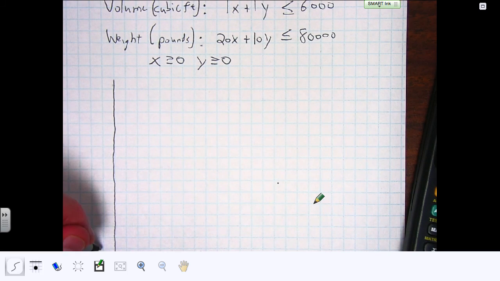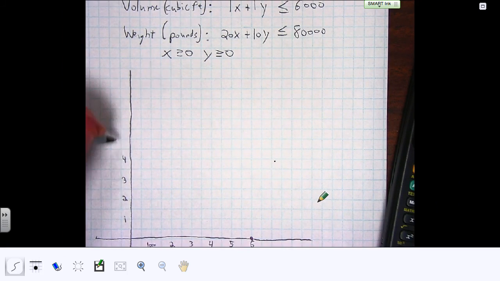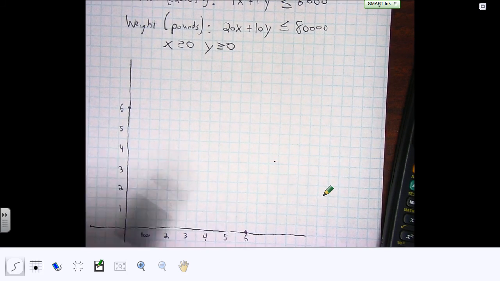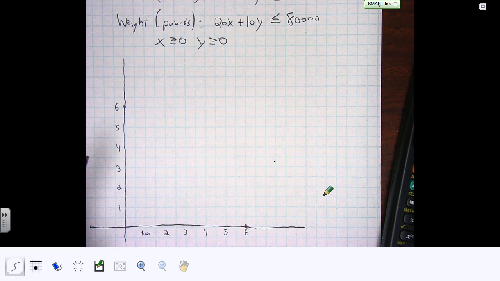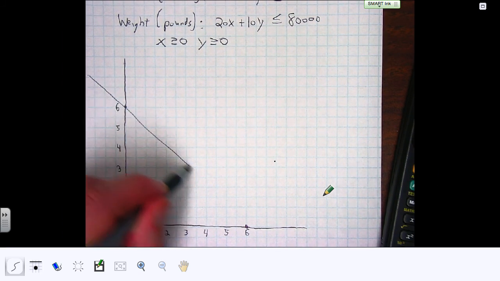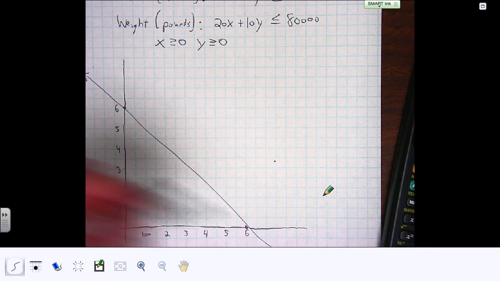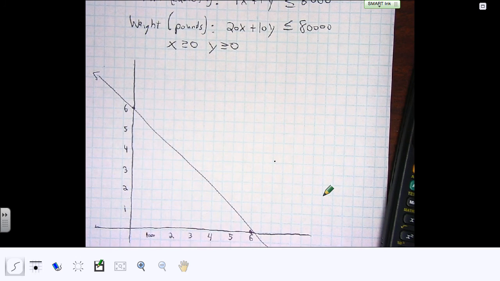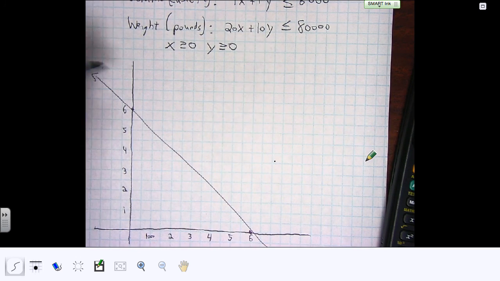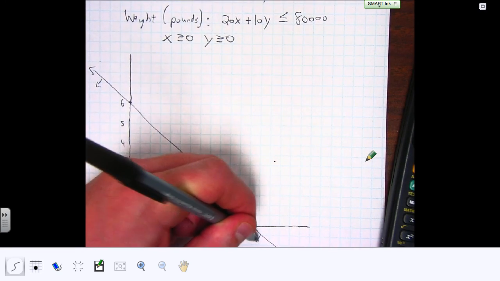And the y-intercept would again be 6,000, 1, 2, 3, 4, 5, 6. And it can be equal to 6,000, and so I'm going to have a solid line, and I'll connect these up with a solid line. And I want it to be less than or equal to 6,000, and so I'm going to be on the inside of this line, and maybe just make a little note by putting some arrows there.